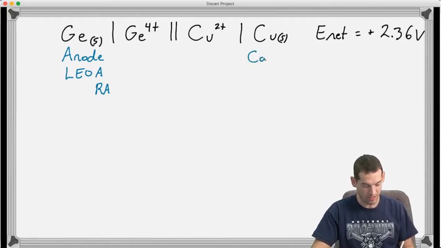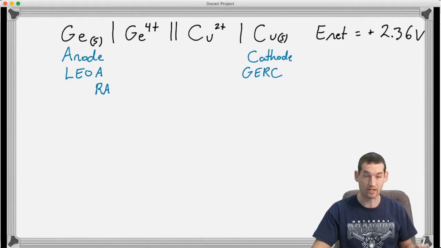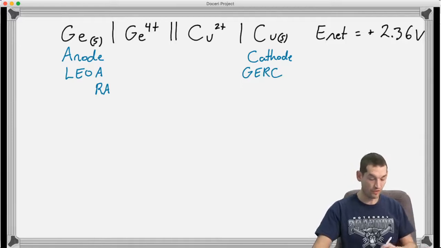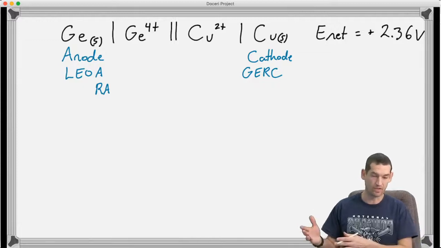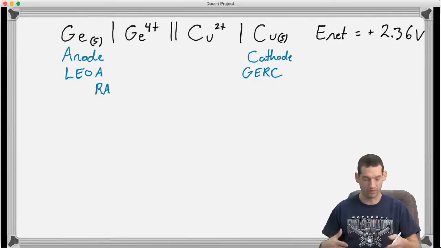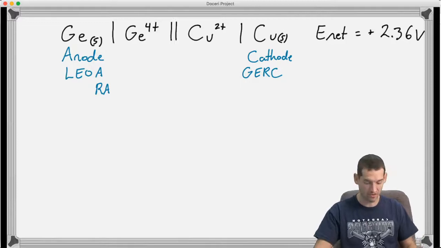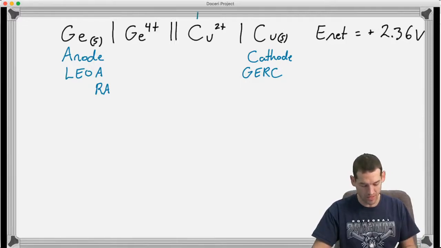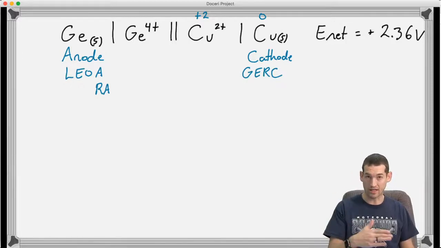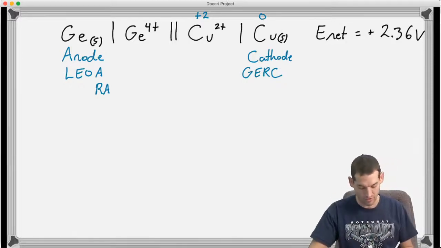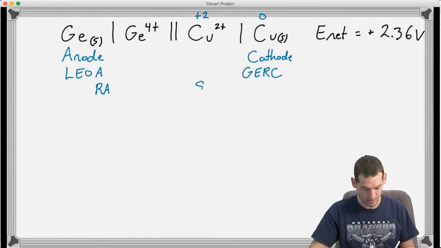We can do the same thing on the other side. Copper solid I know has to be my cathode, which means something over here is gaining electrons and being reduced. That's why the cathode's over here. Which one would be gaining electrons, the copper 2 or the copper solid? We looked at that intuitively. Let's use oxidation numbers just for practice. This would be a +2, this would be a 0. So it's the copper 2 gaining electrons to become copper solid. So this one would be my OA.